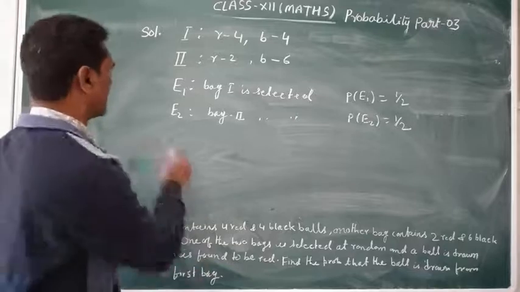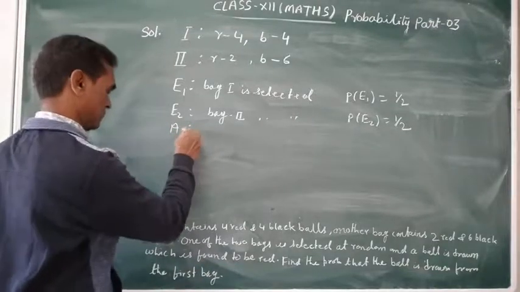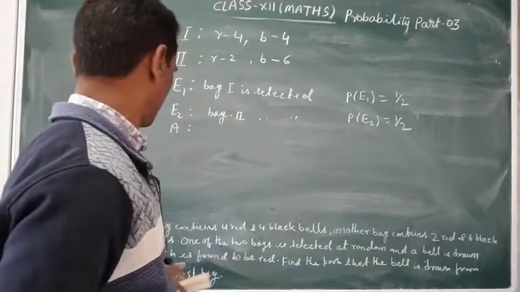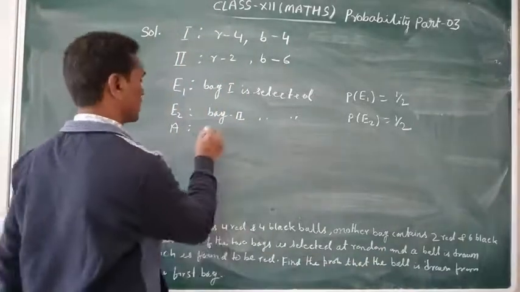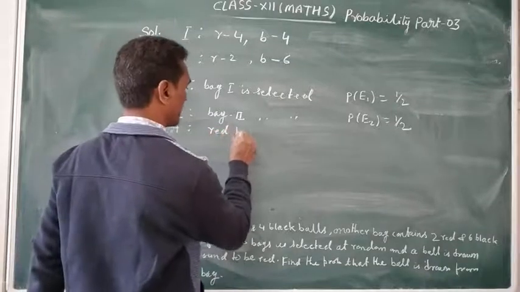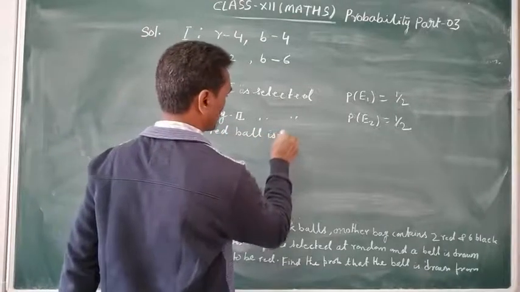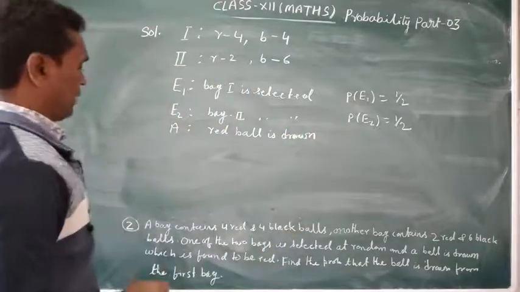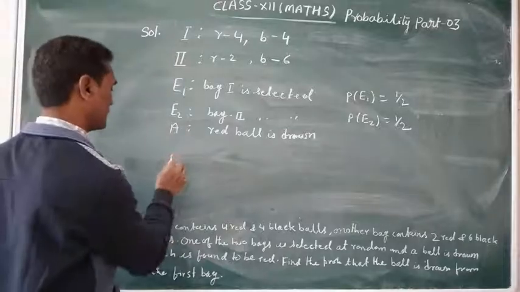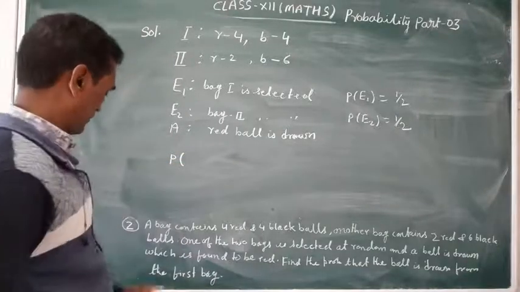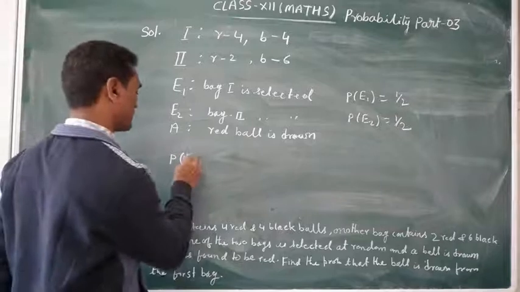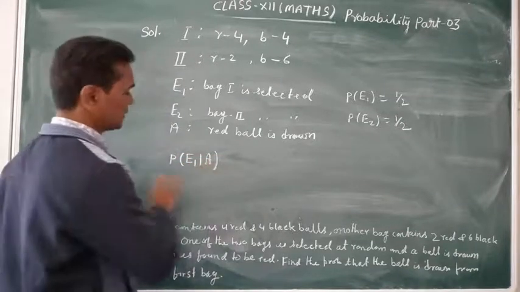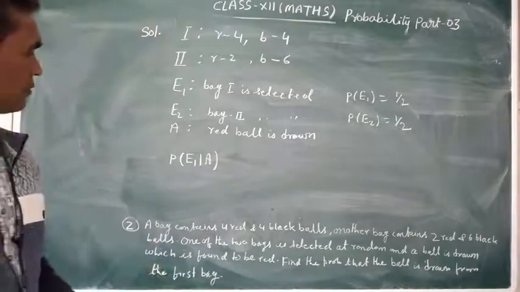So here A is another event: a ball is drawn which is found to be red. Now we have to find the probability that it is from the first bag, that is, the conditional probability of E1 given A. What does it mean?